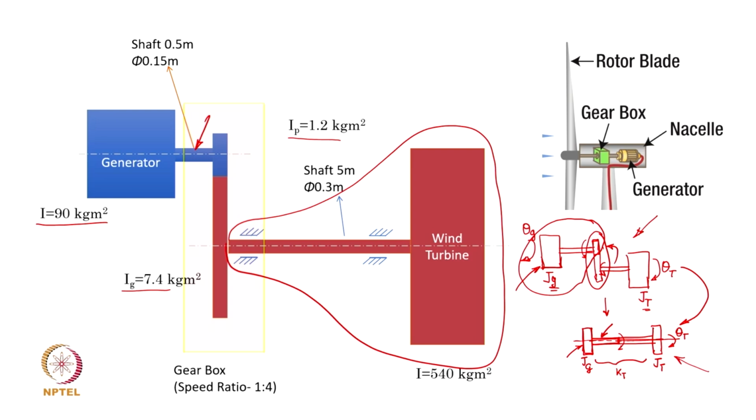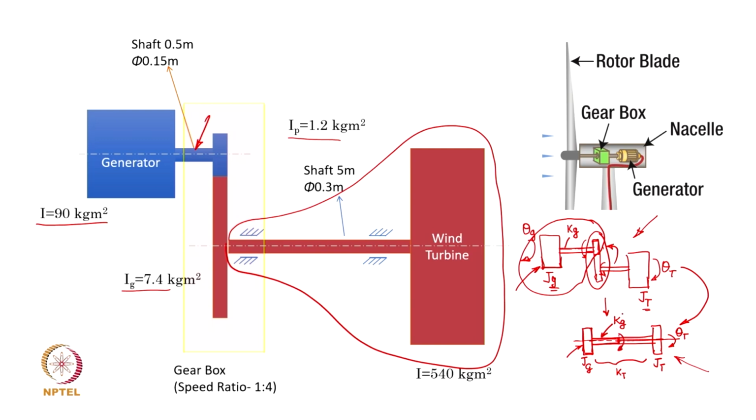So, what we do is we scale the torsional stiffness of this shaft. Earlier, supposing that this shaft has a torsional stiffness of kg, but that torsional stiffness corresponded to the shaft which was subjected to a different twist as compared to when it is directly connected to the turbine.